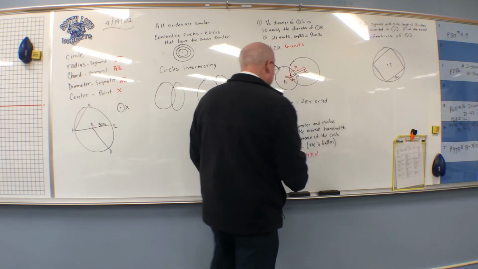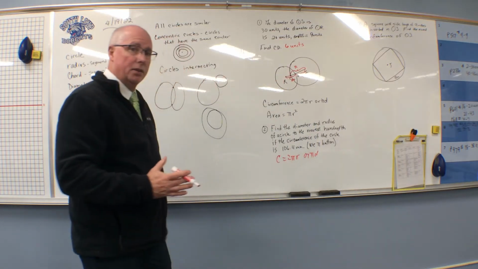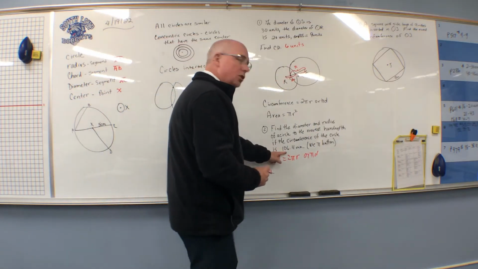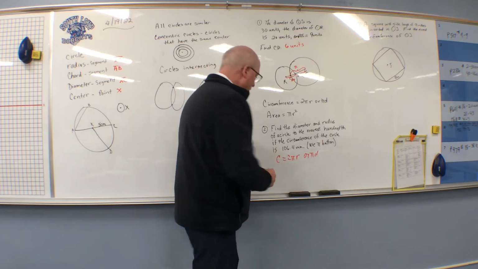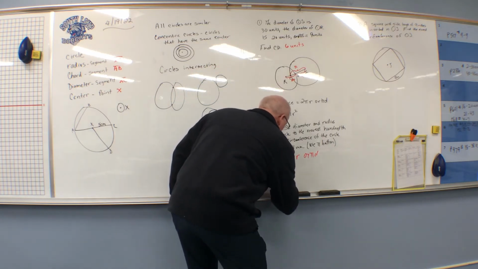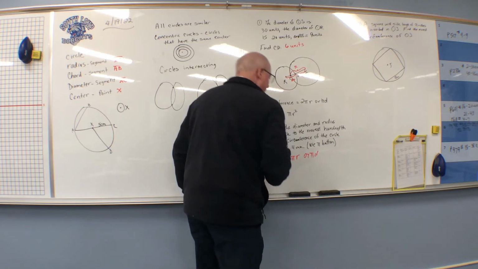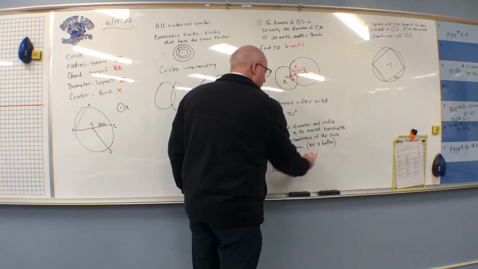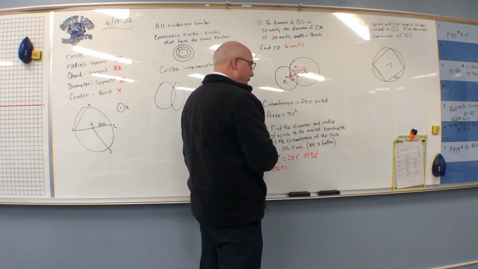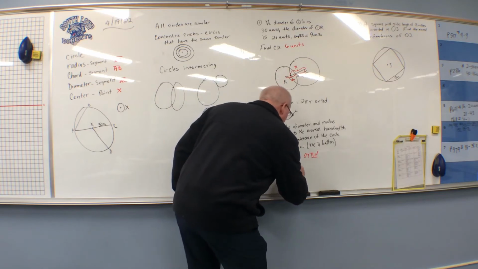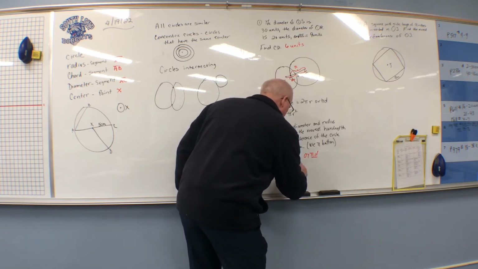So let's go ahead and find the diameter. The diameter is actually easy. They give us the circumference. So that goes in for C, 106.4 equals, and I'm going to use this formula because I'm going to find the diameter. All right? So I'm going to take pi times the diameter, which we don't know, correct?